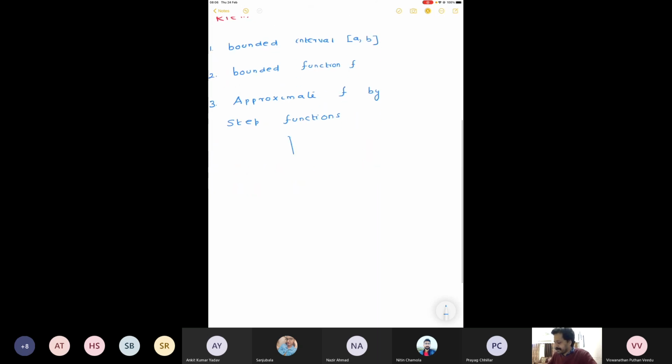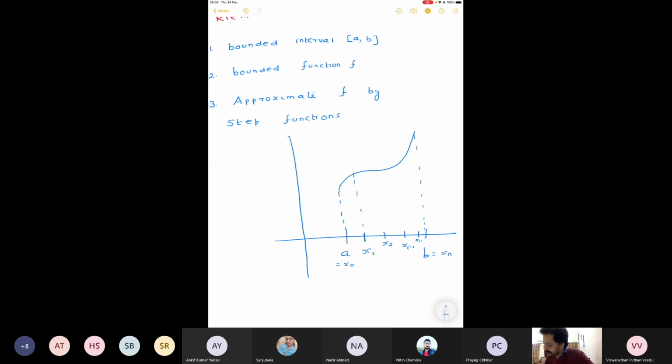So the picture will be something like this. You have an interval [a, b] which is finite. You have a bounded function. You will approximate this function with the help of a step function by dividing the interval into several subintervals. And in each subinterval, you will assume that the function is a constant.